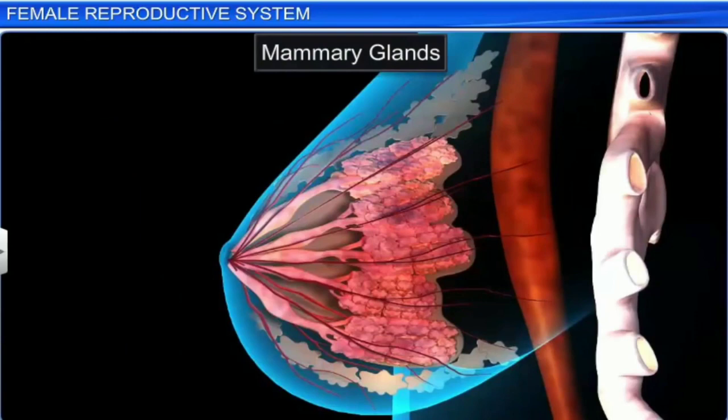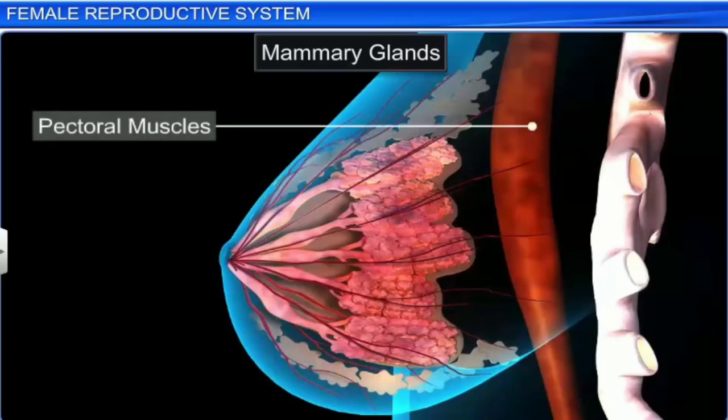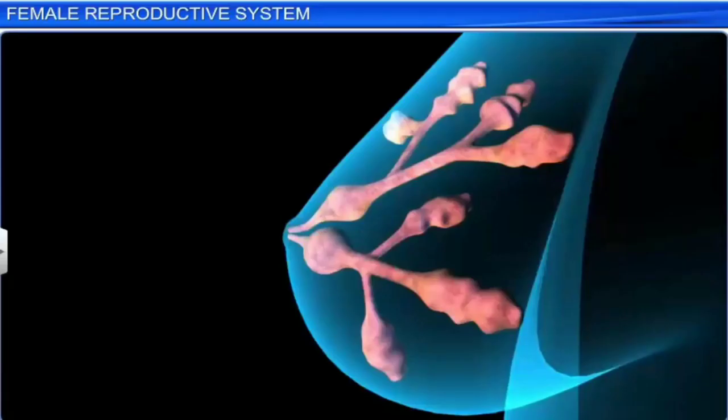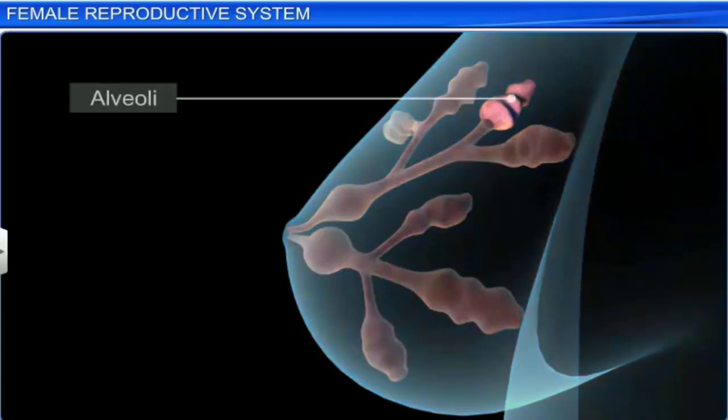The mammary glands or breasts are modified sweat glands that lie over the pectoral muscles. They contain glandular tissues and a variable amount of fat. Internally, each breast is divided into 15 to 20 mammary lobes containing clusters of cells called the alveoli.